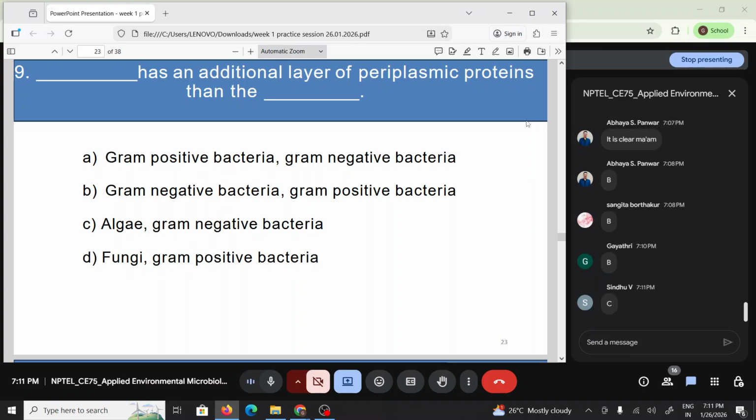Okay, so we'll see the answer for this question, and before that, can you post in the chat box what is periplasm and what are periplasmic proteins?